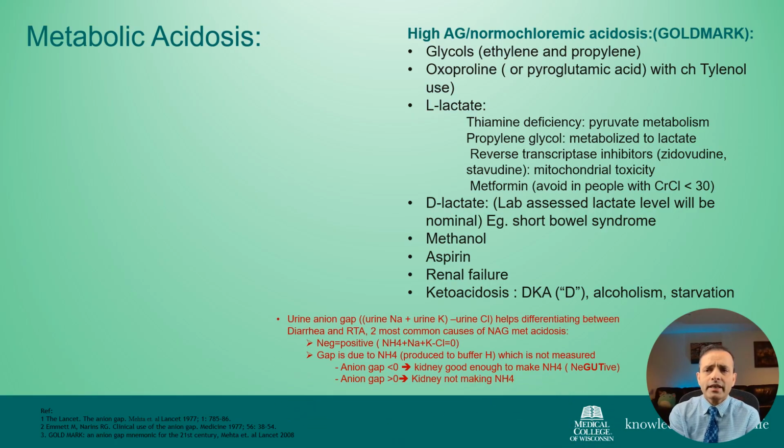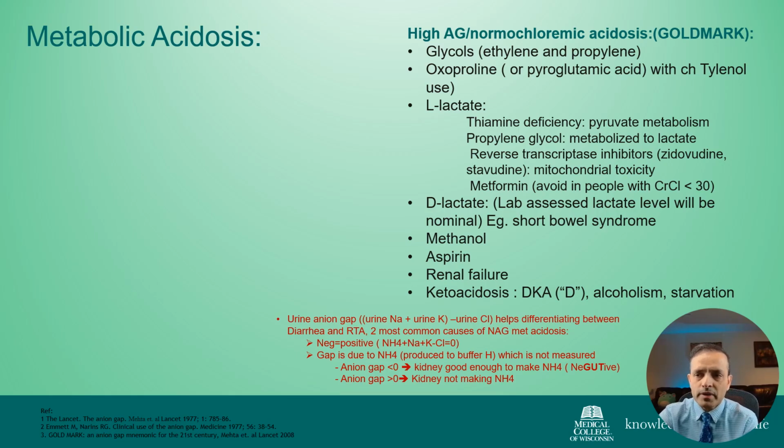Urine anion gap is very important to measure if you have a question about whether it's diarrhea versus renal tubular acidosis contributing. The way you calculate it is urine sodium, you add urine potassium, and then you subtract chloride from that number.